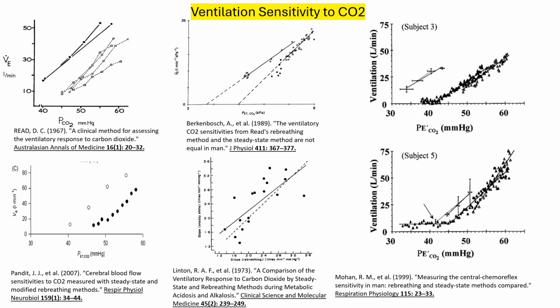However, rebreathing studies since then using the Duffin rebreathing method have not found significant differences between steady-state and rebreathing methods of measuring the central chemoreflex sensitivity or slope to CO2. We are therefore left in some doubt as to whether the increase in blood flow with CO2 in the central chemoreceptor environment is sufficient to reduce the veno-arterial PCO2 gradient during steady-state experiments, washing out CO2.